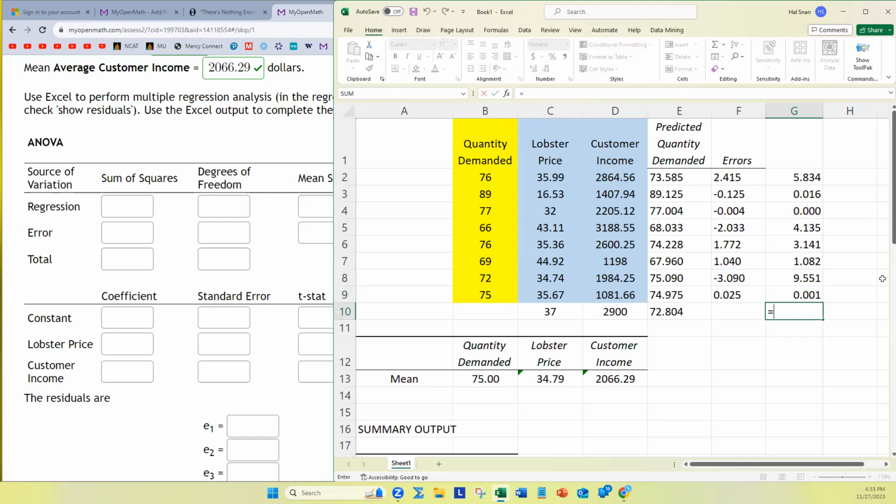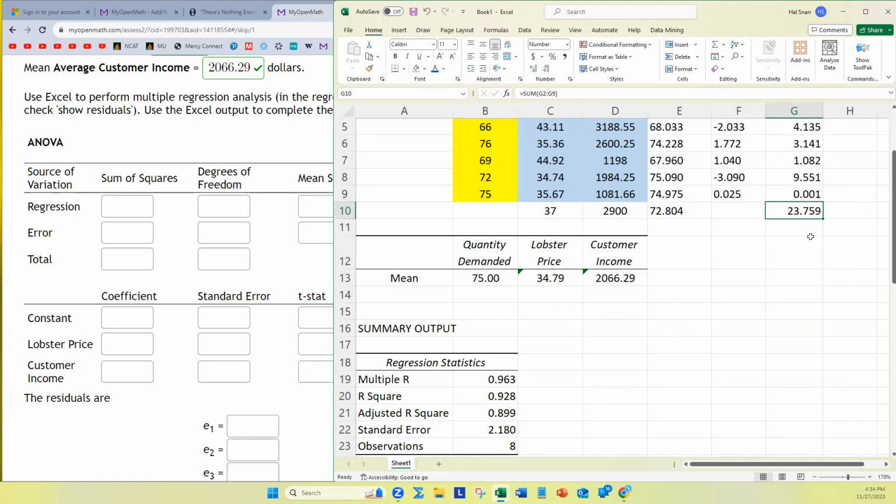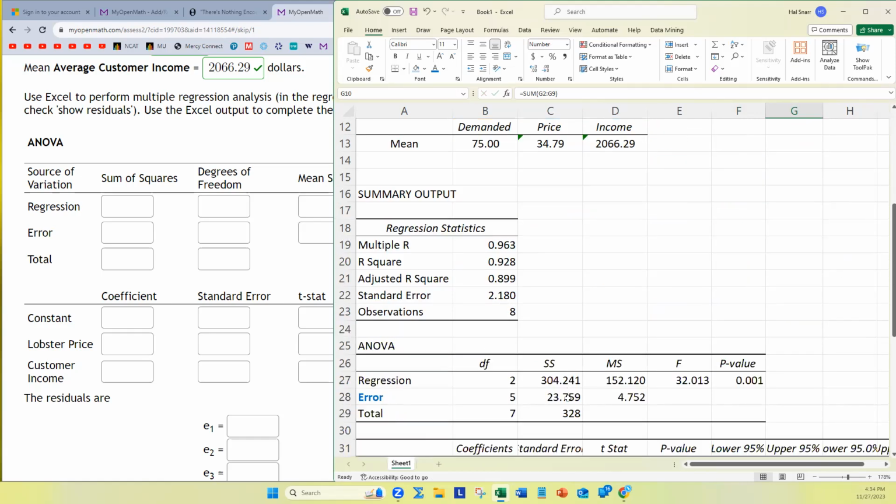Sum of squares. I sum these squares. So the sum of squares of the errors, right? That value is that value right there. See that? So that's what sum of squares means, right? We square a bunch of stuff, then we sum it, right?